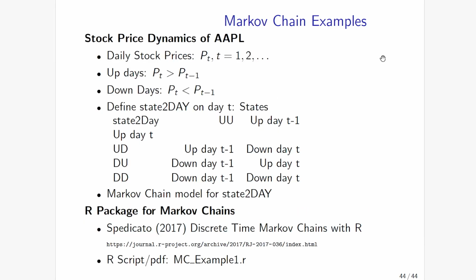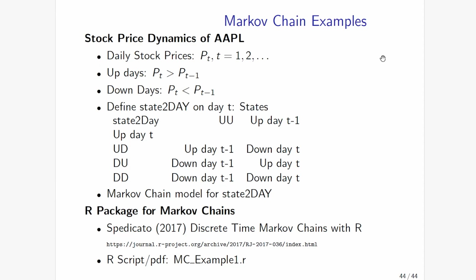Let's see, then another example that I put together is looking at the stock price dynamics of any stock, but I chose Apple, and using daily prices to consider states of the Apple stock price, which is: is it an up day or a down day? Is the price at day t higher than t minus 1, or is it a down day? I guess one of those should probably be a less than or equal to if we want to incorporate everything.